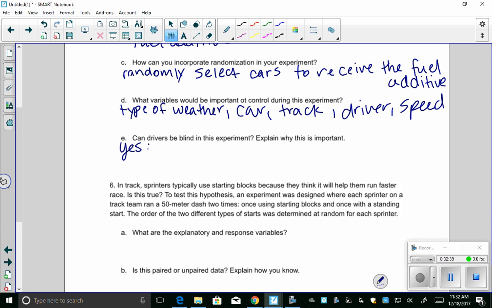Why is this important? Guys, when it asks why is this important, this doesn't mean how can they be blind. They want to know why is this important. Why is being blind important? So they don't change the way they drive because of the car.